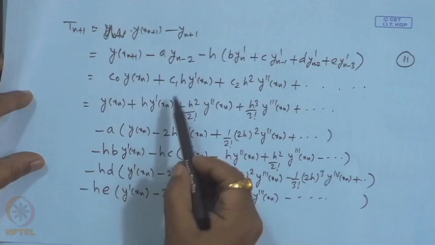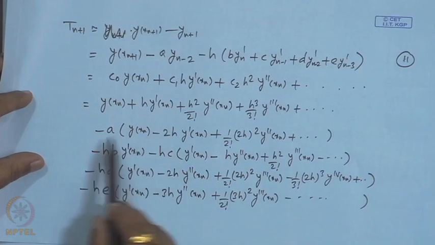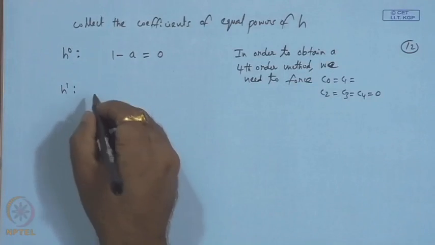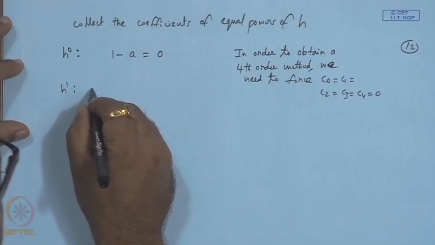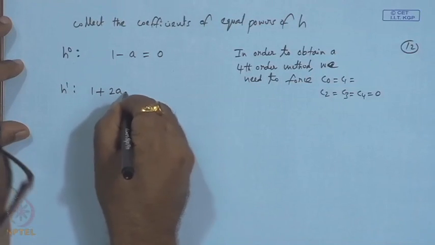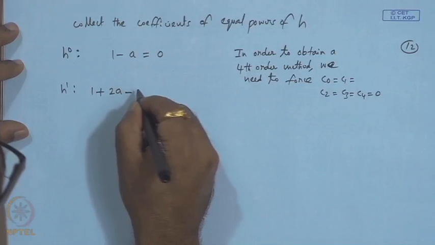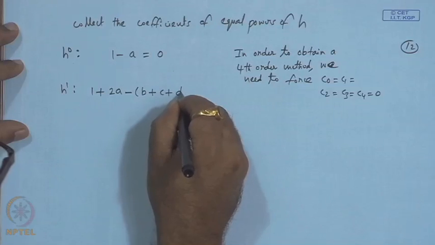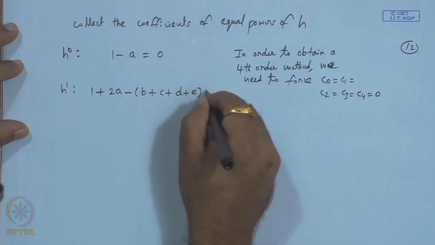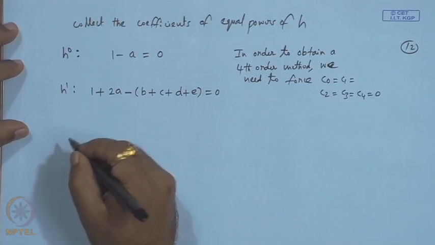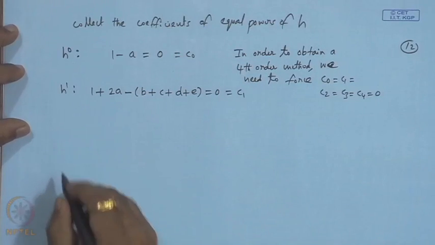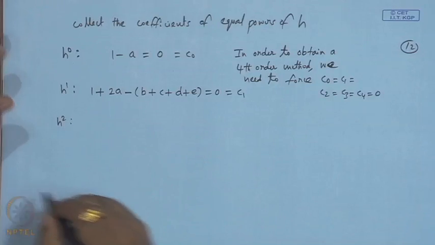So, I repeat again, h power 1, this is 1 plus 2 a minus b minus c minus d minus e. So, this is our C 0, this is our C 1.